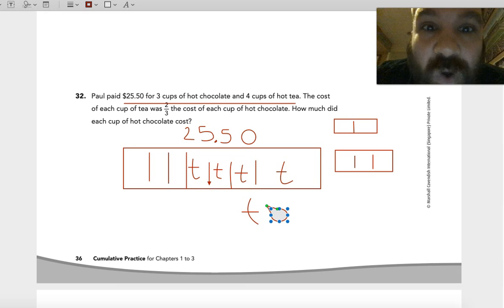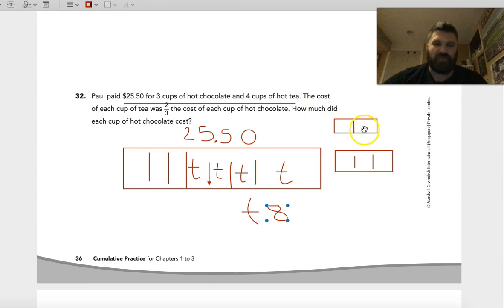If we counted 2, 4, 6, 8 for tea, then each one of these is split into 3. So 3, 6, 9. So how many total parts would we have drawn? That's an add sign, by the way, not an hourglass. That's a real 9.